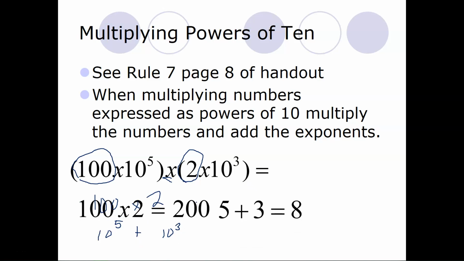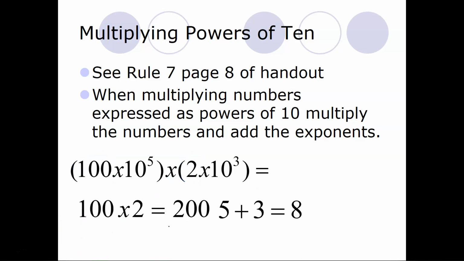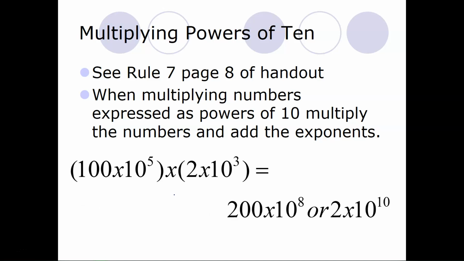And yes, it should be 200 times 10 to the 8th. Let me erase all the ink on the slide and we'll look at that. So you do end up with 100 times 2, which is 200. 5 plus 3 is 8. So your overall answer should be 200 times 10 to the 8th, or you can simplify it down to 2 times 10 to the 10th.